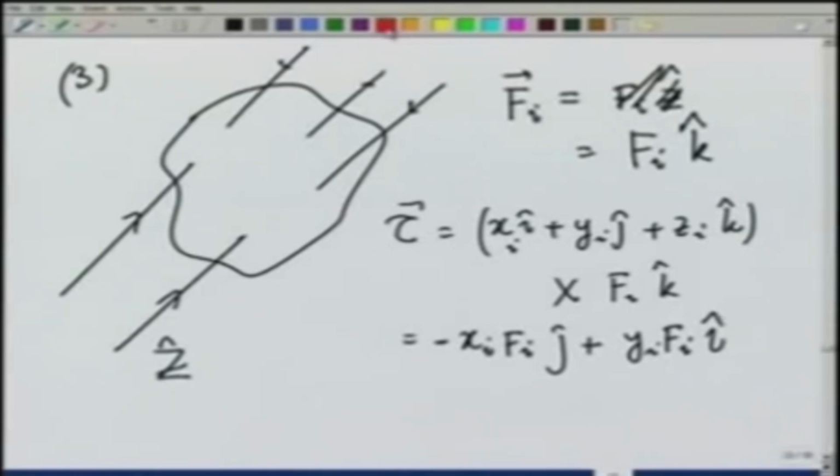So, this also has components only in x and y directions.